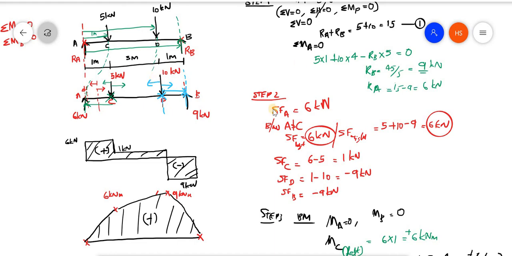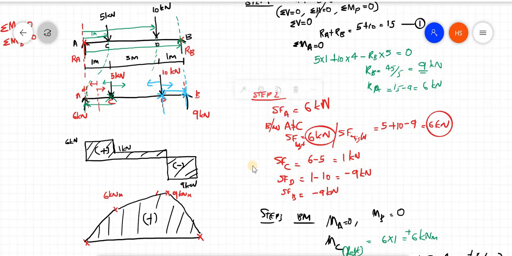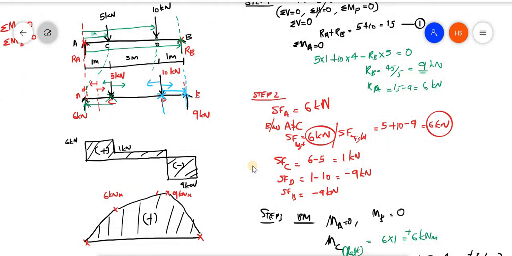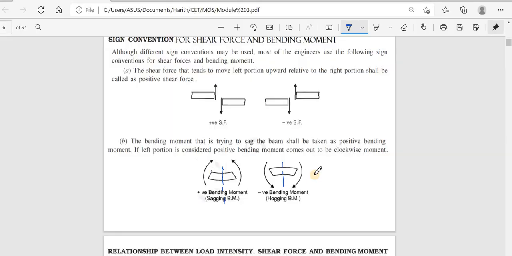Just draw the figures to the left, and whatever small writing is there, you can write on the right side of your paper. So this is the way in which we can draw this figure of a simply supported beam.